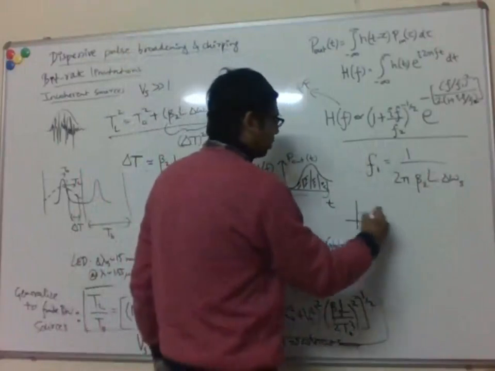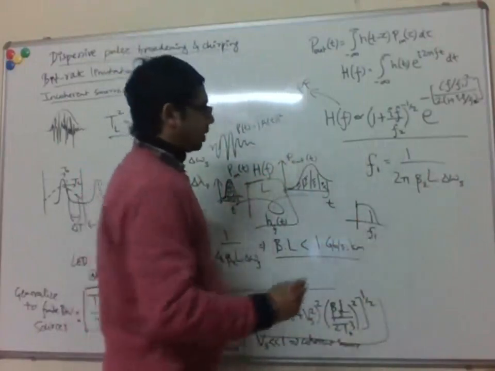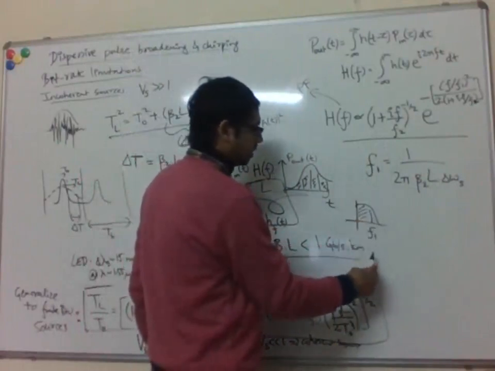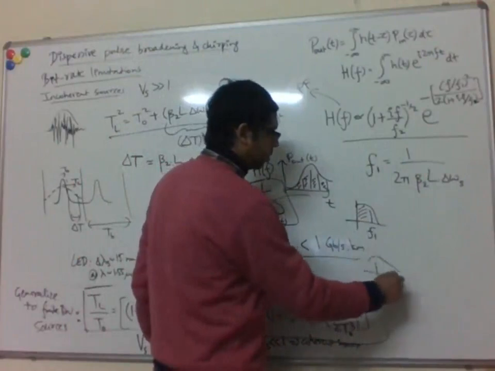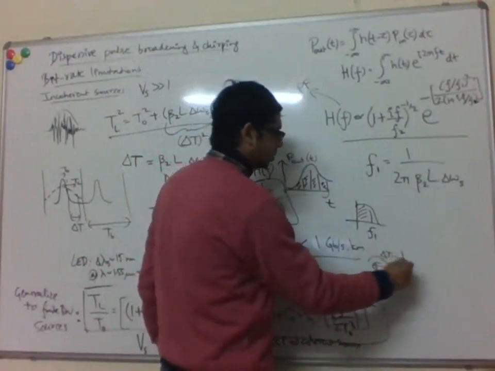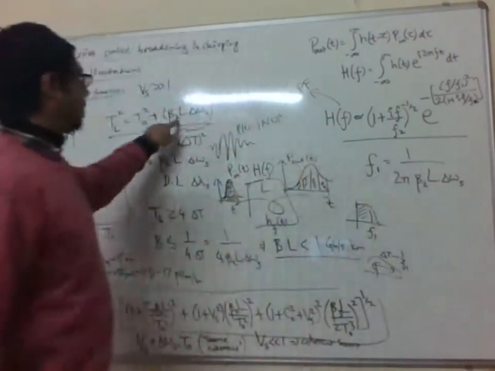So you're cutting off frequencies above F1. That means if you have frequencies up to F1, the extent in the time domain will be 1 over F1. That would be the broadening. So that's what we have here.